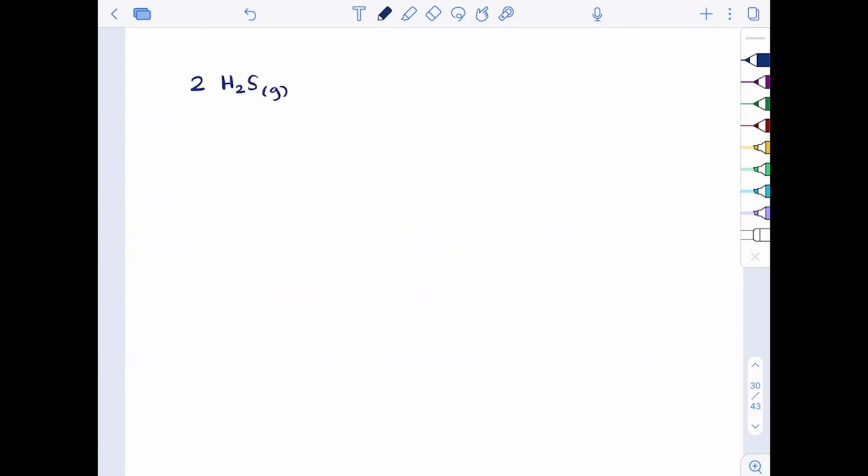2H2S gas reacts to form 2H2 gas plus S2 gas. The Kc is equal to 1.67 times 10 to the negative 7 at 800 degrees.